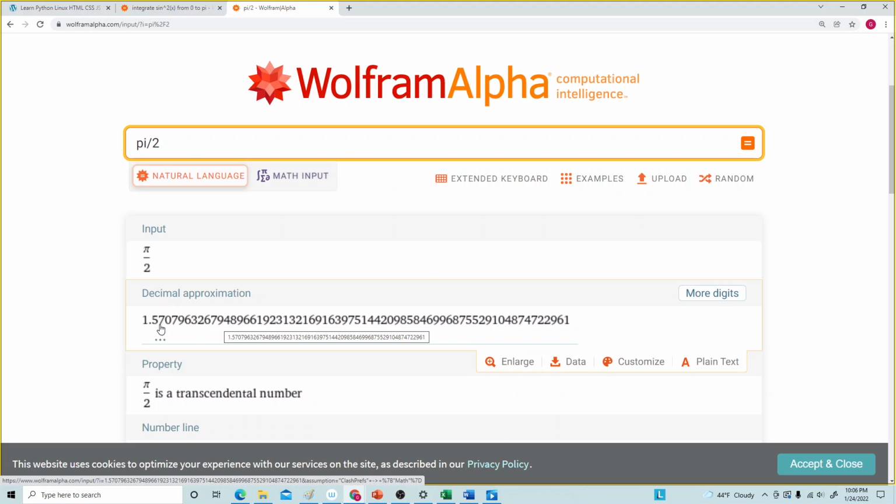Okay, so we are out to the 13th decimal place before our result doesn't even match exactly with the numerical value of pi divided by 2.